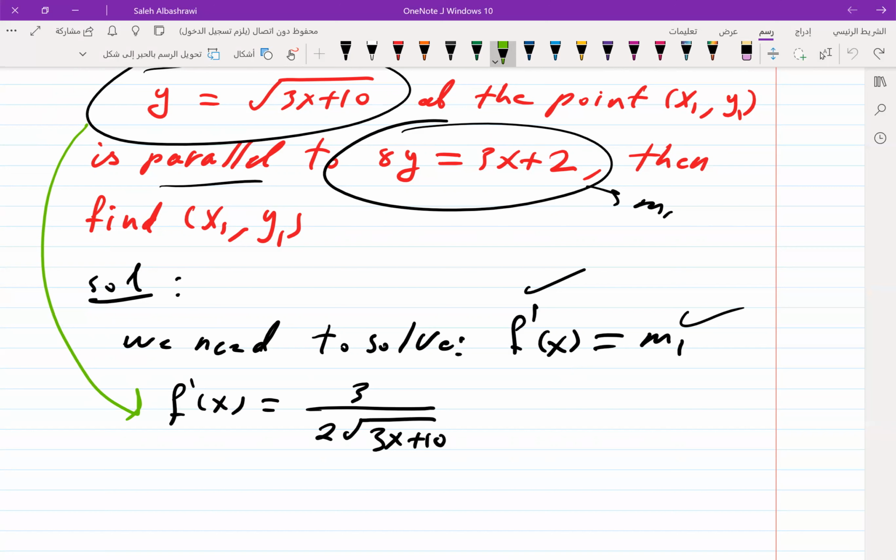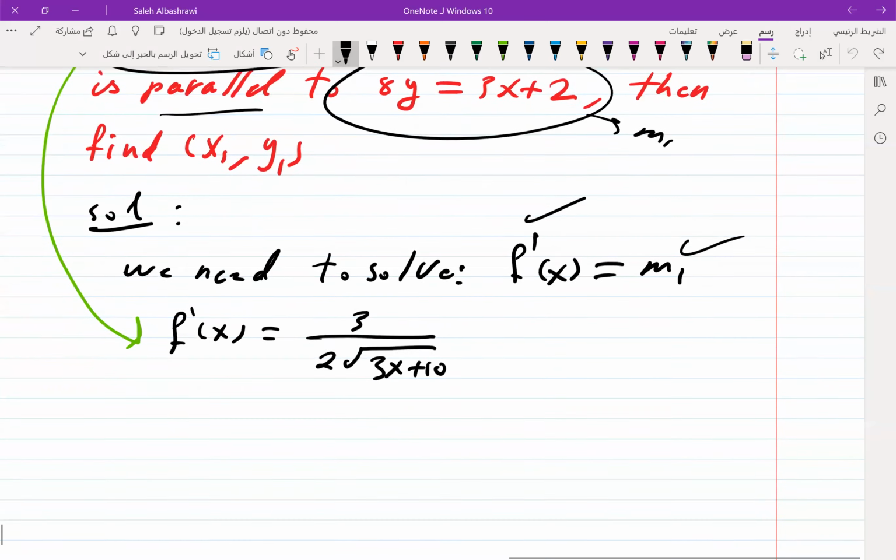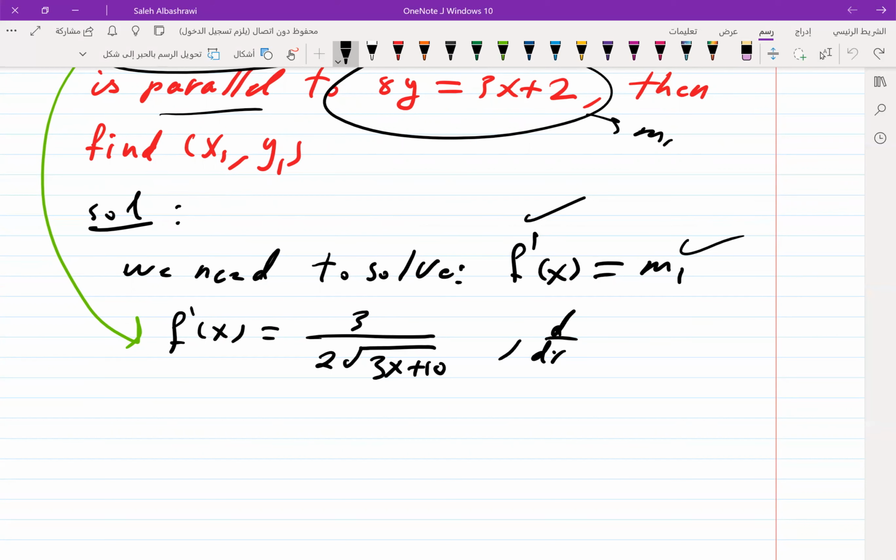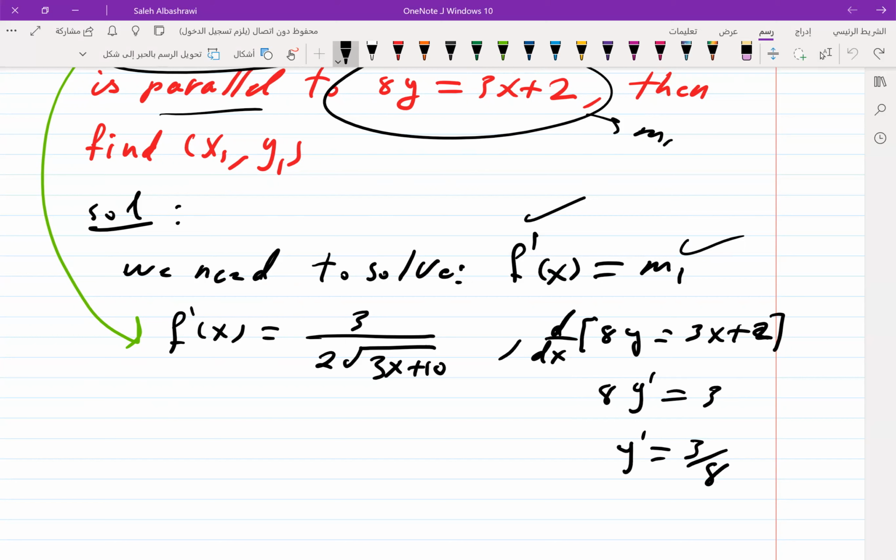Now for m2 or m1, if we differentiate the second one, 8y equal to 3x plus 2, this will give me 8 y prime equal to 3. Then y prime is equal to 3 over 8. This is equal to m1. And since these are parallel, it will also be equal to m2.